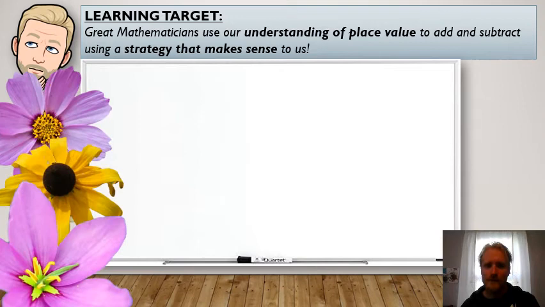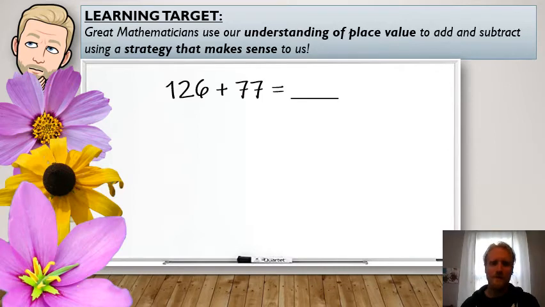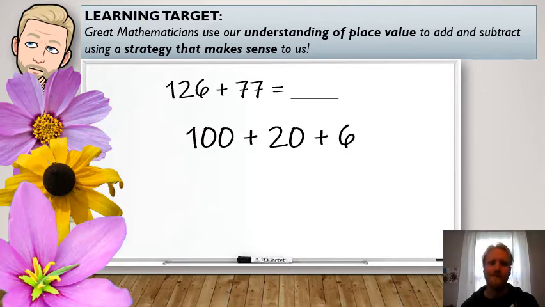So let's do a practice problem together. Our problem for today is 126 plus 77 equals blank. Again, being flexible mathematicians, I'm going to use expanded notation. So how could I break up 126 into expanded form? Yeah, exactly. 100 plus 20 plus 6.